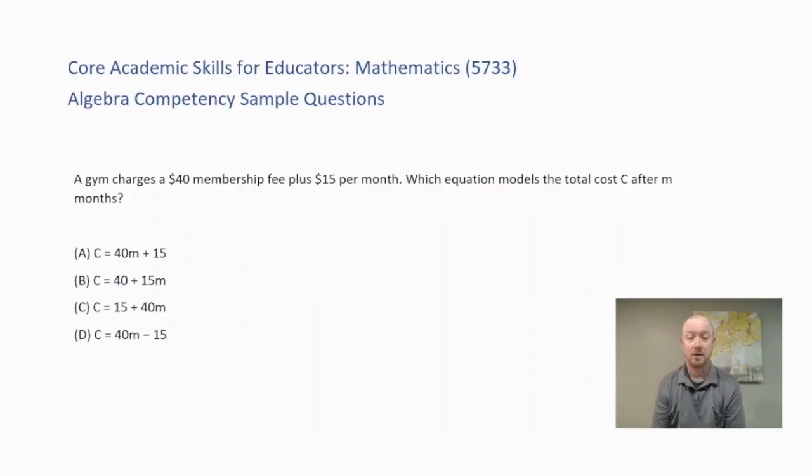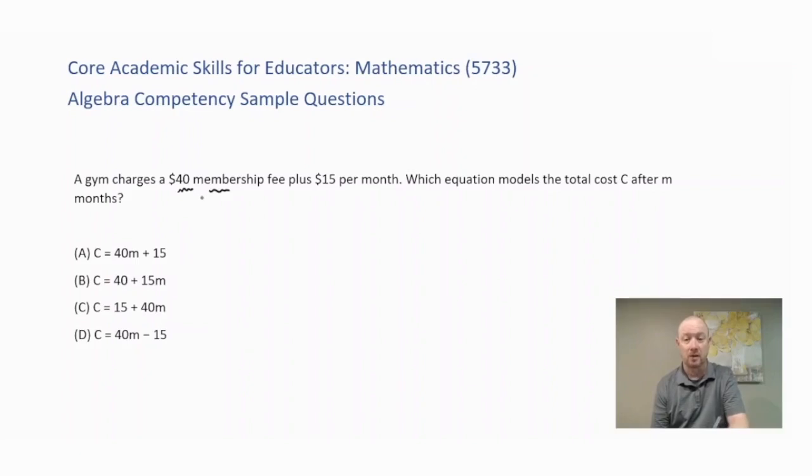All right, so the key to understanding this problem is the difference between a y-intercept and a slope. We need to look at the variable cost plus the fixed cost. The $40 membership fee acts as the fixed cost, so we should not have a variable with the 40.